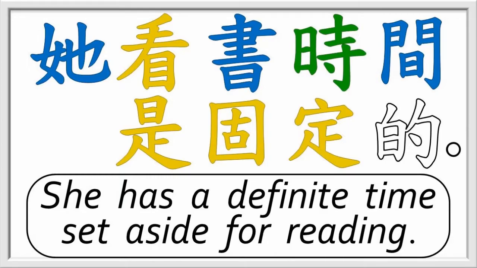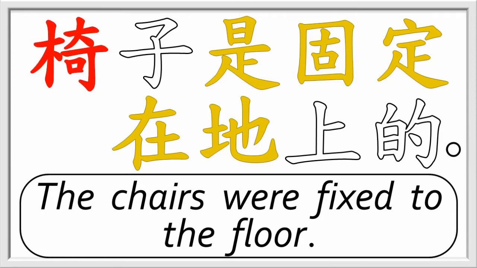She has a fixed reading schedule, a definite time set aside for reading. Notice the 是的 pattern for emphasis in this example and the next. 椅子是固定在地上的. The chairs were fixed to the floor.